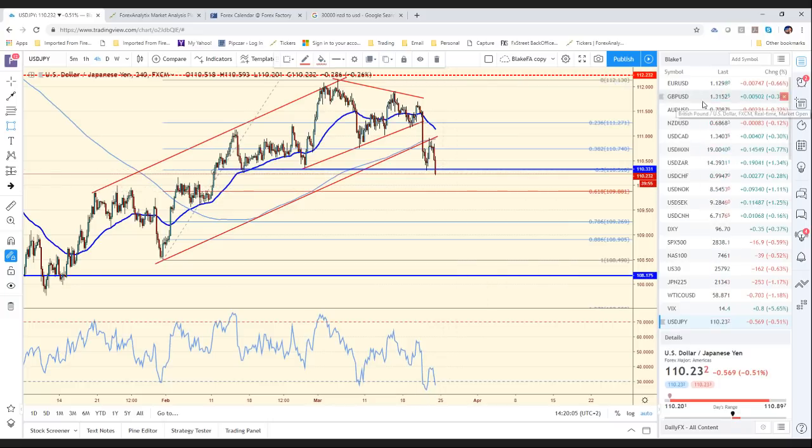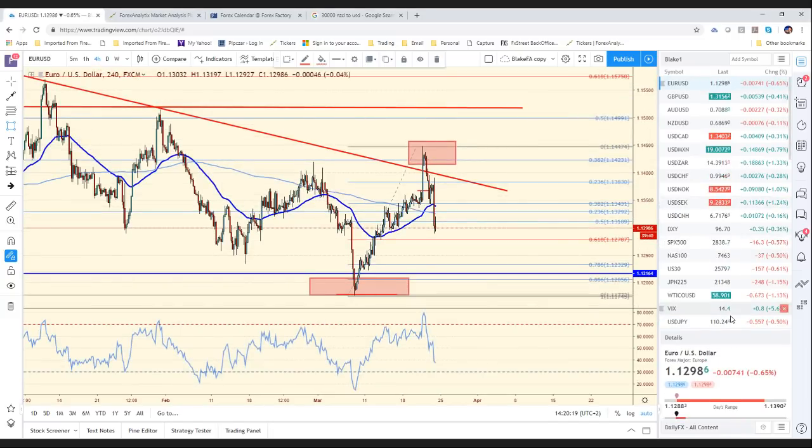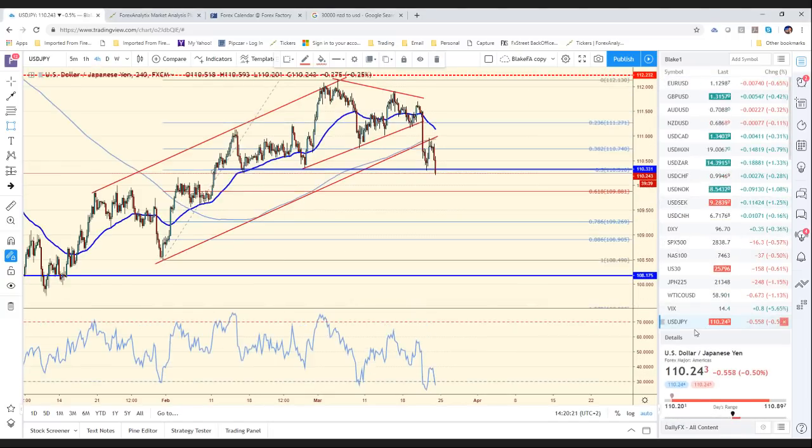The pound is not going to act the same as the euro because of Brexit. You've got news events that are really impacting specific currencies, and the euro is really selling off. You've got risk aversion that could pick up today, and the U.S. dollar Japanese yen is breaking down. It's yen strength, not dollar weakness necessarily.